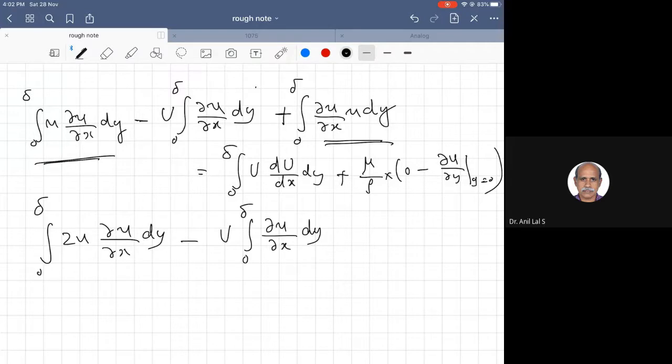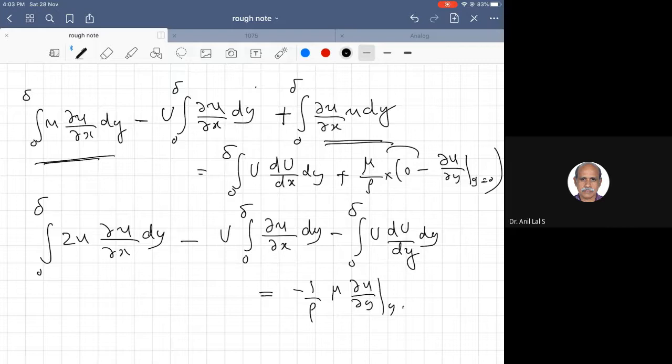This also I'll take to the left hand side and write it as minus integral 0 to delta capital U capital D. On the right hand side, I have minus 1 by rho, mu into dou u by dou y at y equal to 0.